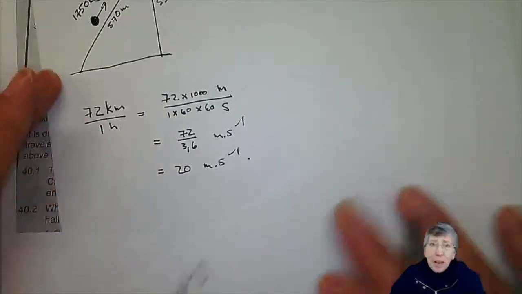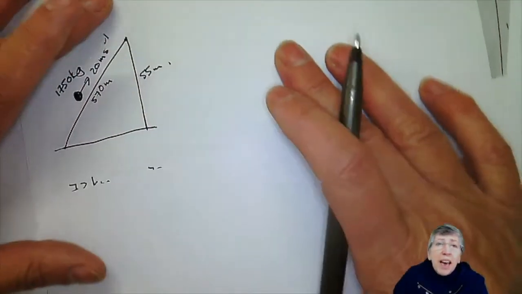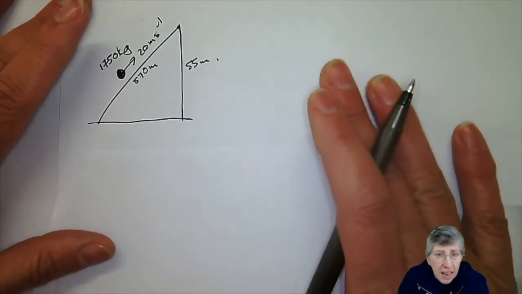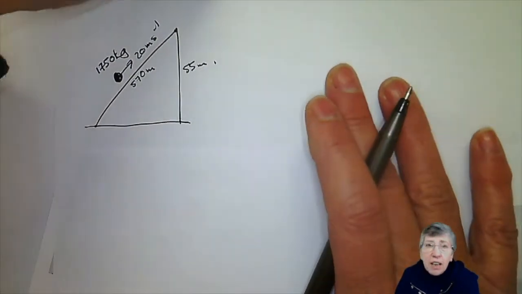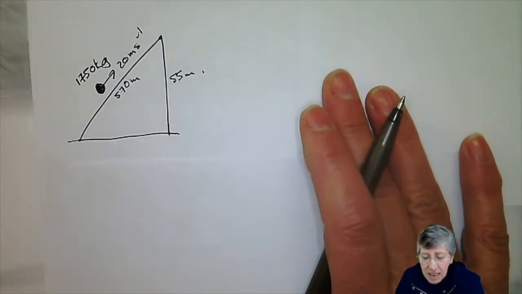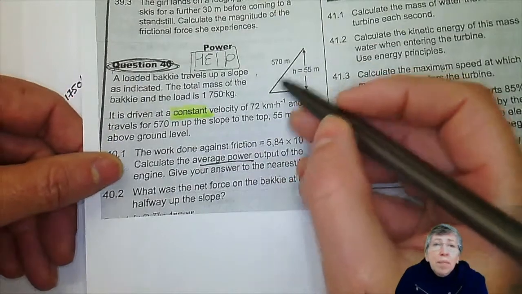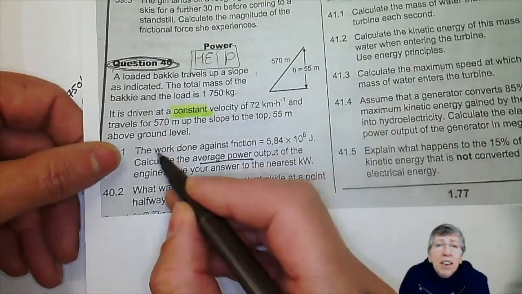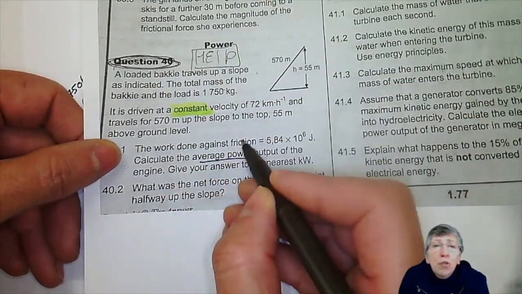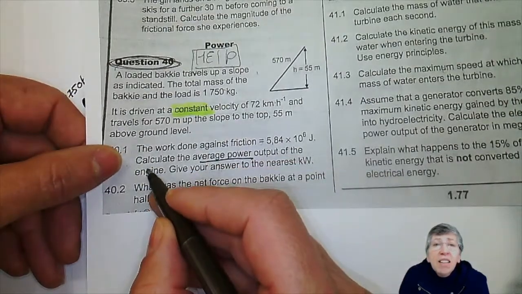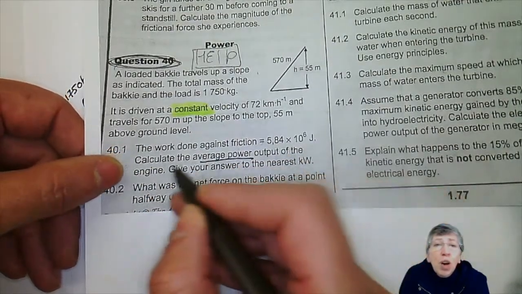Now, let's go and see what we can do over here. We need the work done, and it is definitely the work done by the applied force. So what's the first thing to do? To go and draw a diagram, right, of the free body diagram for all the forces. You've got friction, and now say calculate the average power output of the engine.